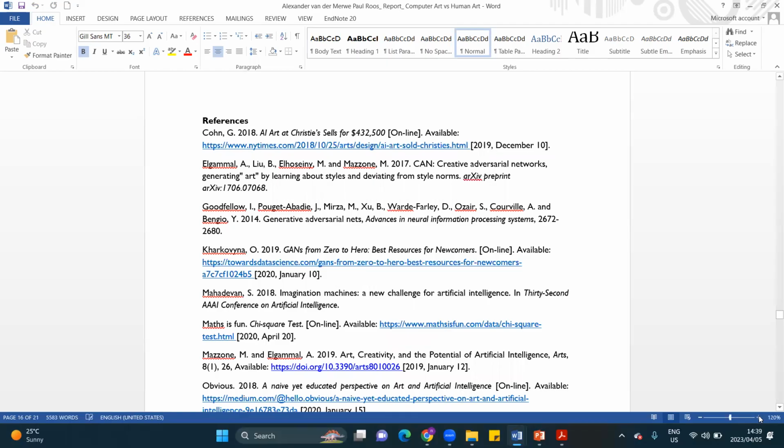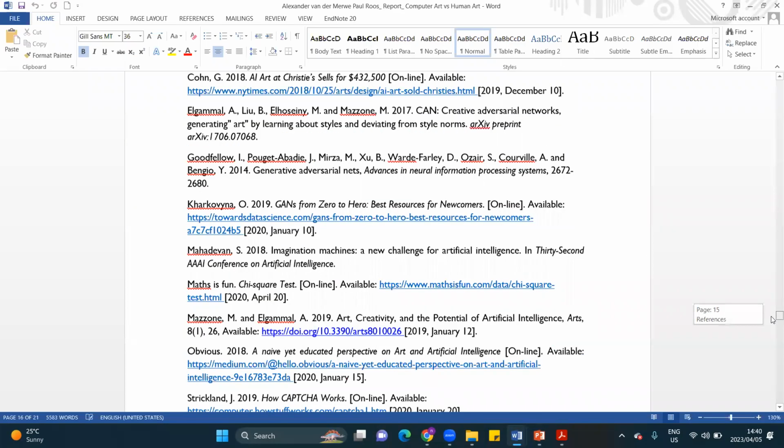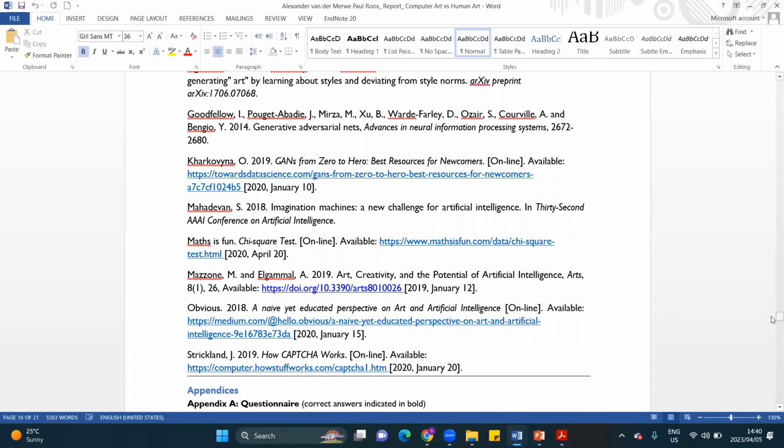Yes, we are. This is how the referencing should be done: the website, the URL, and the date at which it was accessed. So in this project, the information was accessed on the 10th of December, 2019. We have a referencing guide on our website. If you're not sure how to do the referencing, please download that reference guide.